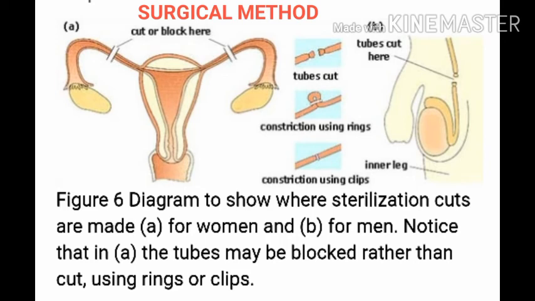In this technique, in males it is called vasectomy and in females it is called tubectomy, wherein in males the vas deferens is cut and tied, whereas in females the oviduct or fallopian tube is cut and tied. Thus, this will block the transport of ovum and sperm, therefore preventing any fertilization. This is one of the techniques with the highest percentage of success rate.